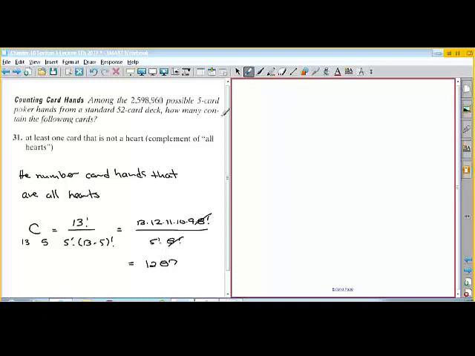So this is the number of 5-card hands that are all hearts. To answer the question of how many 5-card hands out of the possible 2,598,960 satisfy this requirement, we just subtract the complement where they're all hearts, and therefore the ones that are the opposite are going to have at least one card that is not a heart.